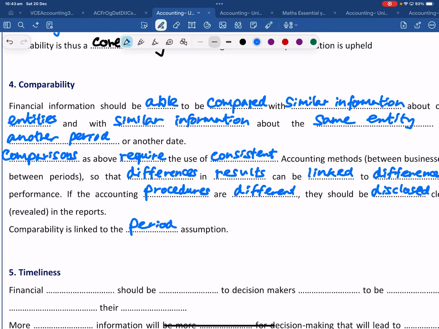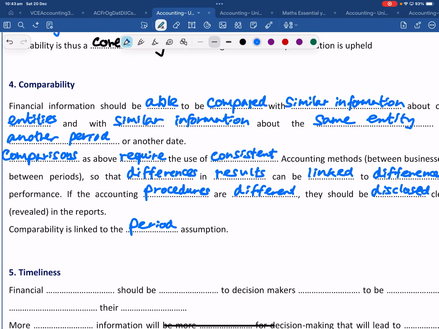What it says is, technically, even if it is the same business in two different periods, let's say this year and last year, we have made profits, then we should be able to compare our income statement or our reports, our information without any issue, in such a way that we haven't changed the rules or the recording methods.